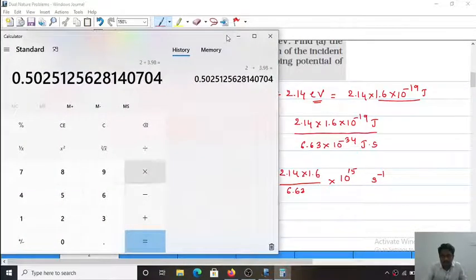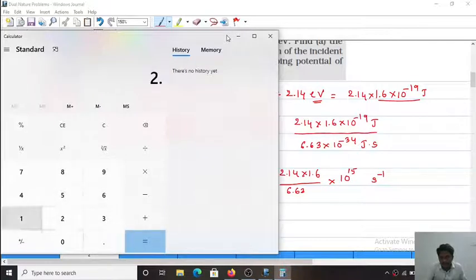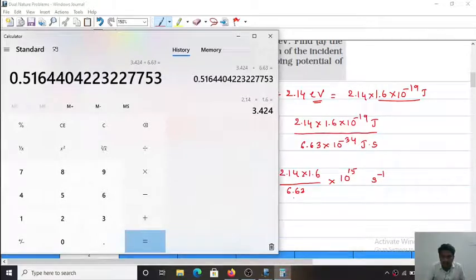Here 2.14 into 1.6 is this value, divided by 6.63.